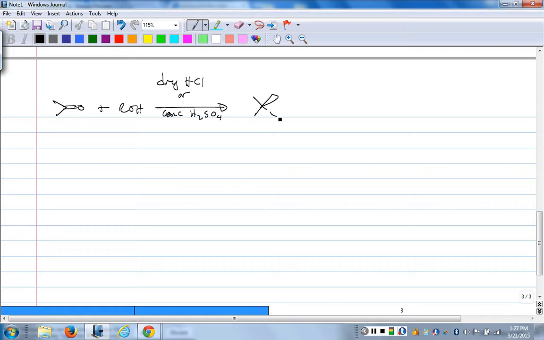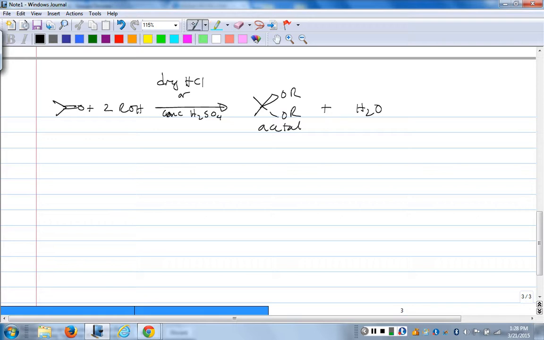And the products of my reaction are going to be the acetal, and I'm also going to get water. So if I were to write the balanced equation for my reaction, it would look like this. The carbonyl compound plus 2 alcohols give rise to the acetal plus 2 waters. I'm sorry, no, plus 1 water. There's only 1 water.